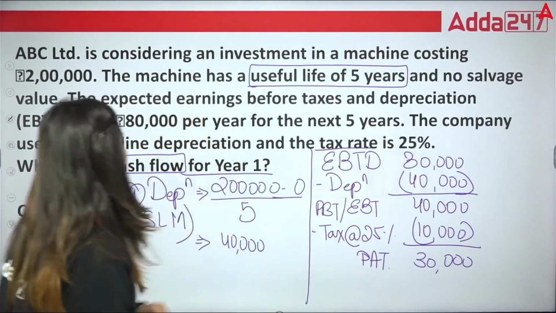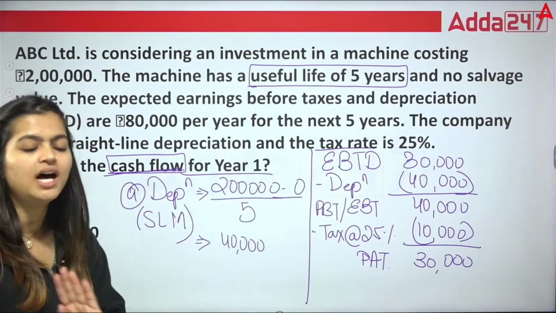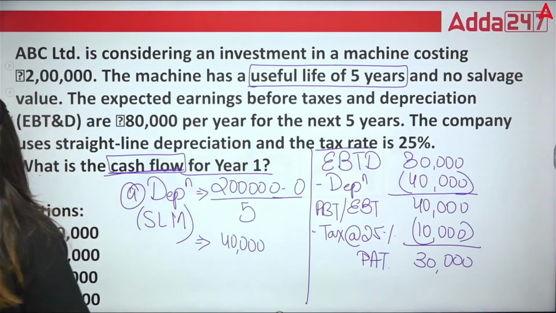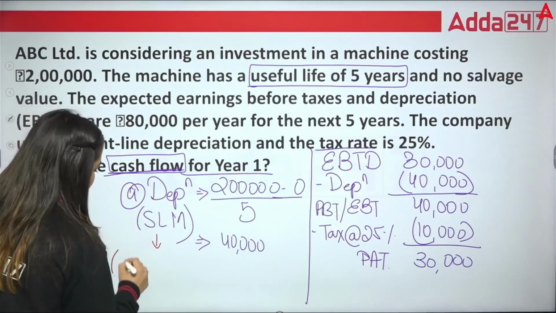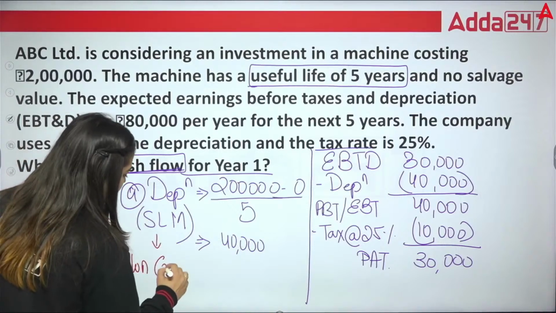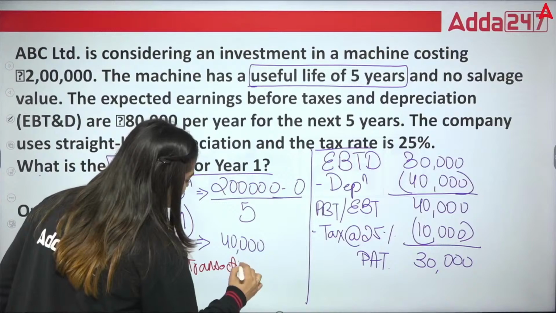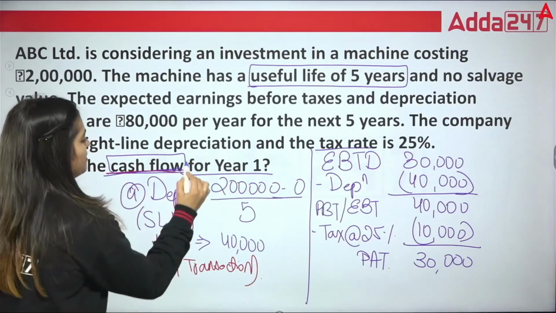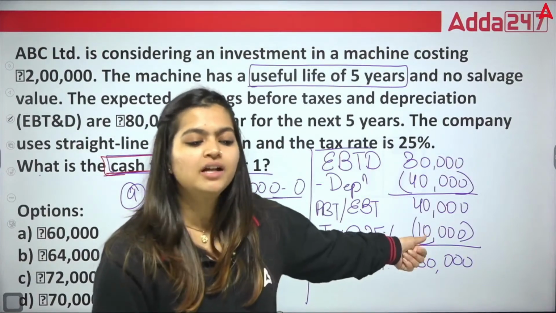They are asking about the cash flows, and we know depreciation is not a cash flow transaction. That is a non-cash transaction. Depreciation is what? That is your non-cash transaction. But in the question, they want your cash flow amount for the first year. So this is the part which is after tax.